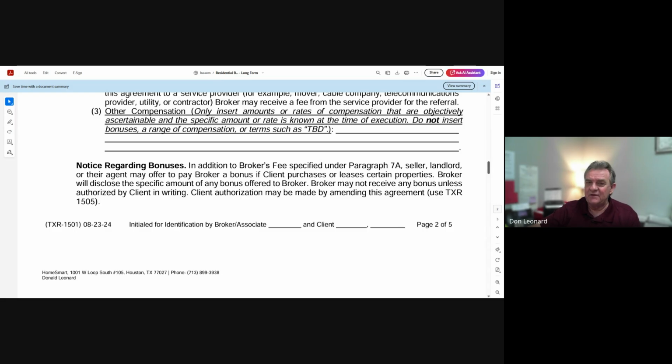But there's a place in the 1505 where bonuses have their own section rather than in with the actual compensation itself. And probably the reason for that is that usually the compensation is a percentage of sales price. Bonuses are usually a straight dollar amount. And so you would have to be trying to calculate percentages or whatever if you were throwing a bonus in on top of commission. So they separated that out.